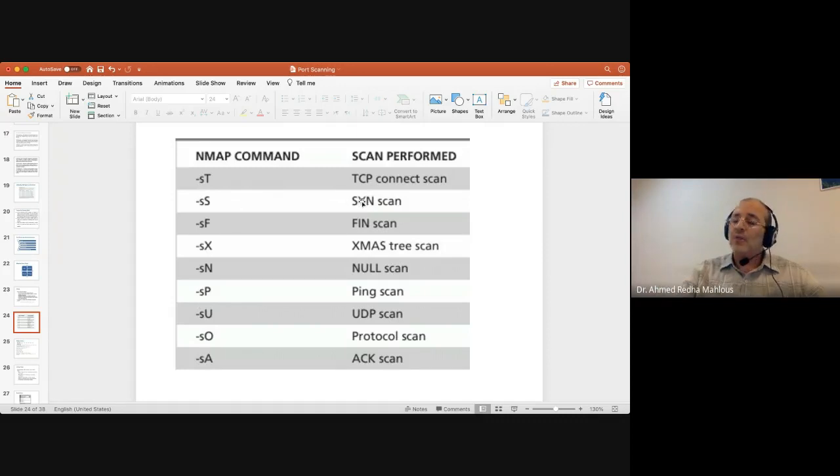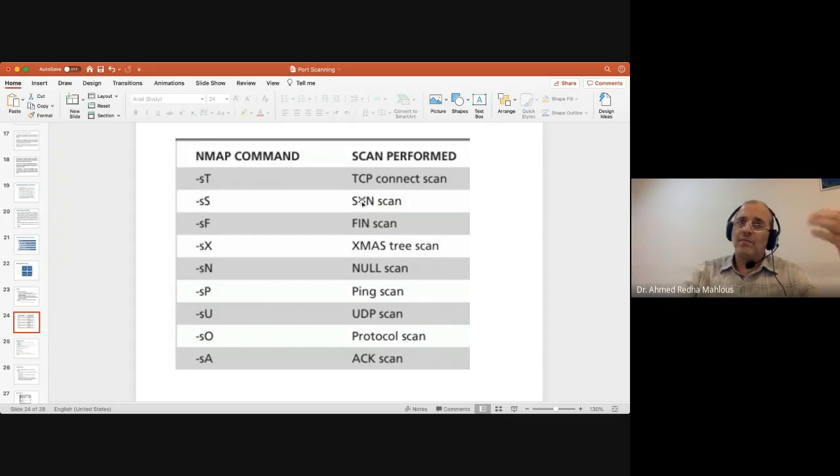But we cannot say exactly, because the latest firewalls are ready against any type of packet used specifically for port scanning.